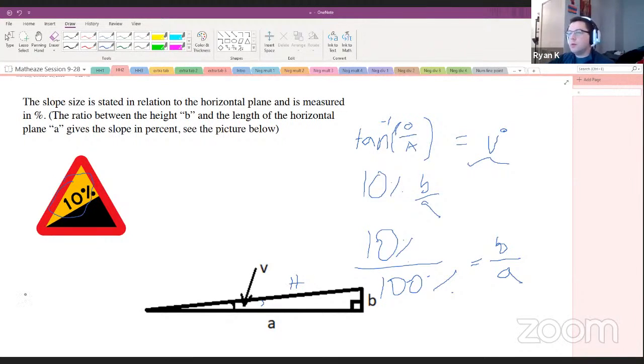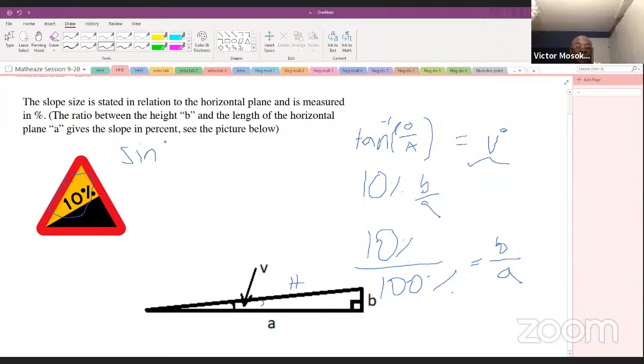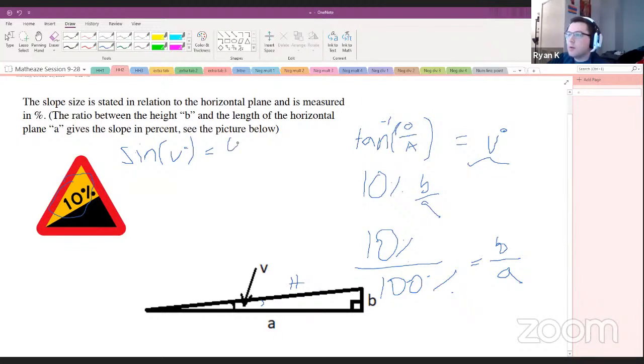Because you could use either sine or cosine. Once you have the angle that we solved for, you could say that the sine of that angle V in degrees is equal to the opposite over hypotenuse.